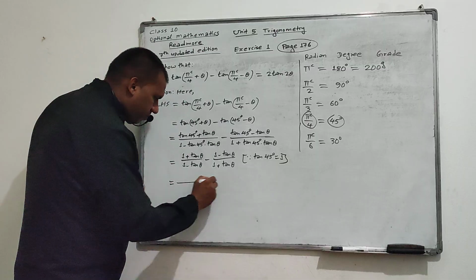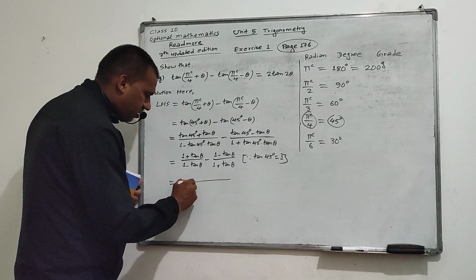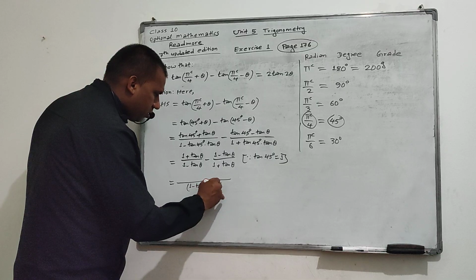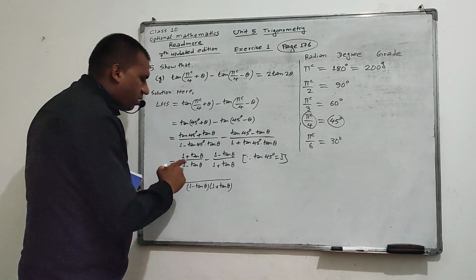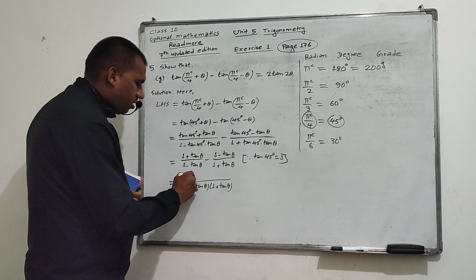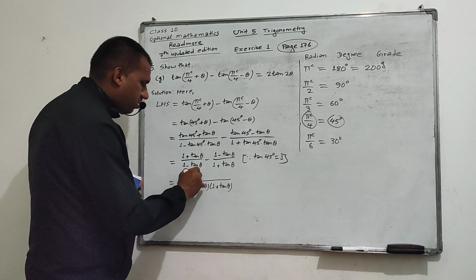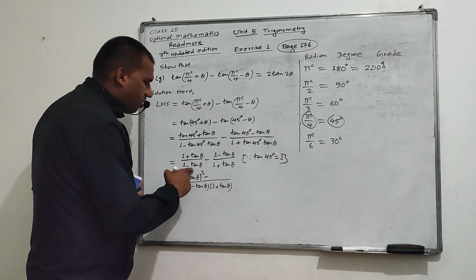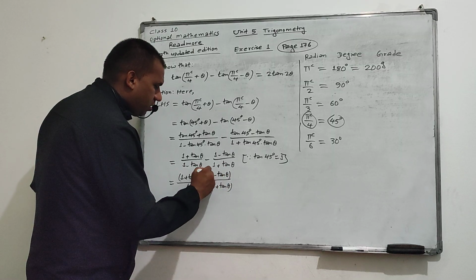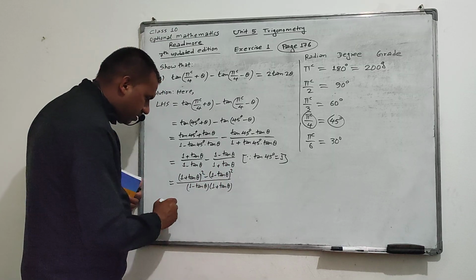Now taking LCM, 1 minus tan theta, 1 plus tan theta. 1 plus tan into 1 plus tan, 1 plus tan theta whole square, minus 1 minus tan into 1 minus tan, 1 minus tan theta whole square.